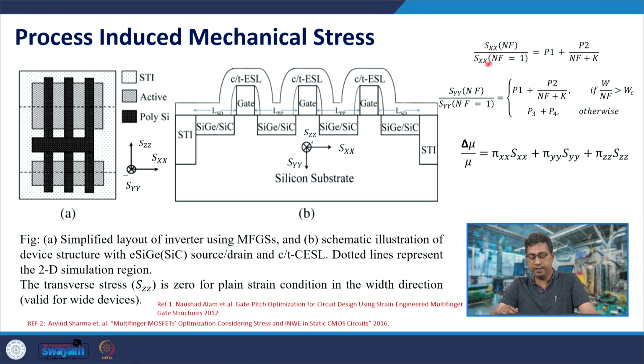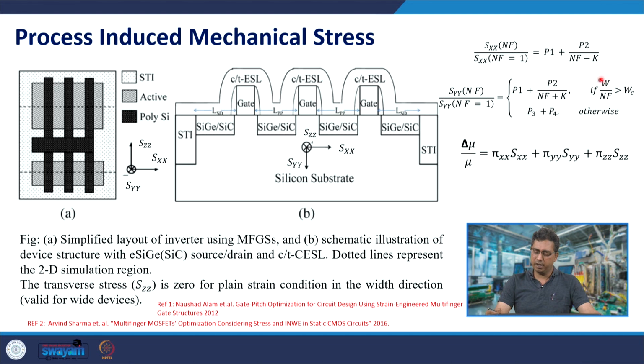SXX and SZZ both would behave in the same way. SYY would behave in a different way. So here the mechanical stress would increase like the X component till a certain width of the finger. Beyond that, it would increase linearly like this. It would be a constant.